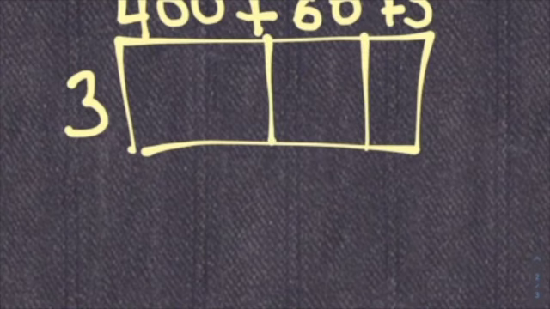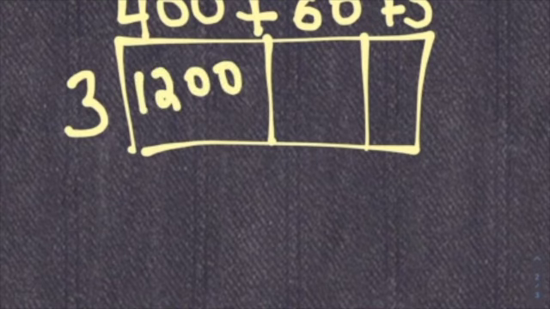And once I break it apart like that into its expanded form, it becomes much easier to do. So 3 times 400, I'm going to do 3 times 4 is 12. 3 times 400 is 1200.